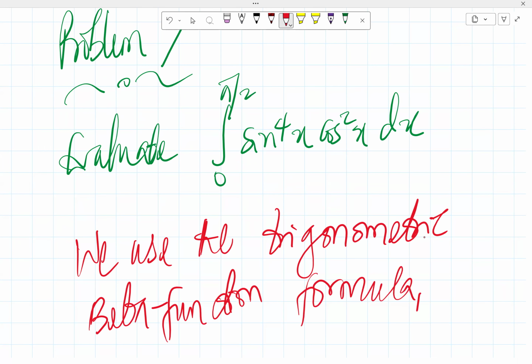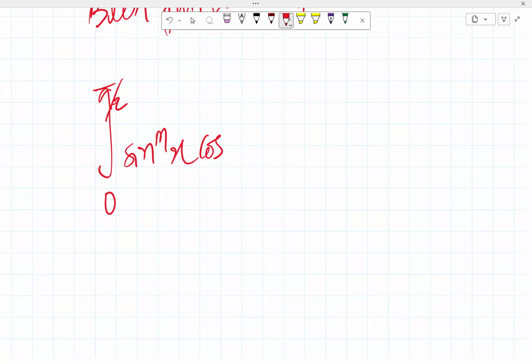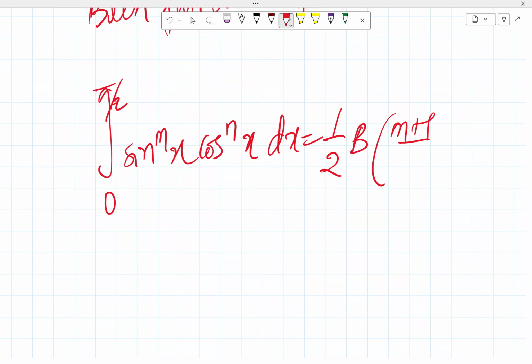So it's more about comparisons now. The integral from 0 to pi over 2 of sine mx cos nx dx is equal to half beta of (m plus 1) over 2, (n plus 1) over 2. All we need to do now is to identify our m and n.